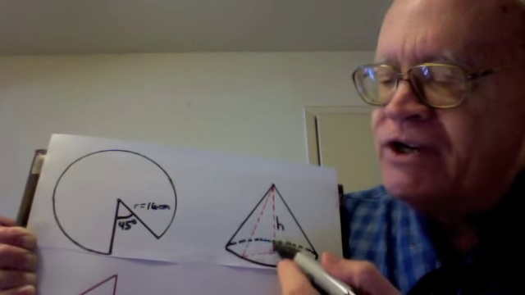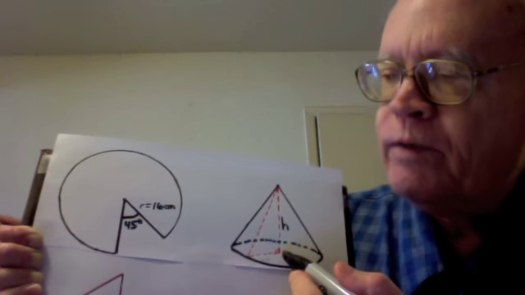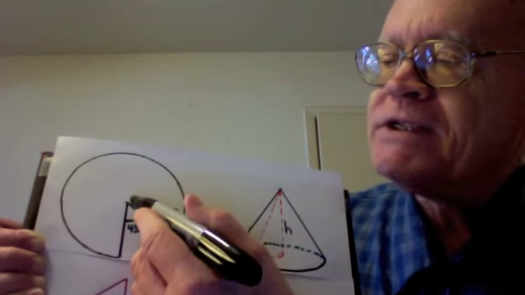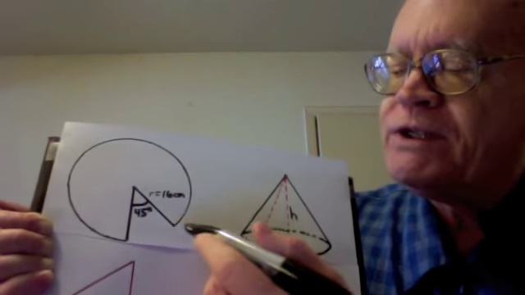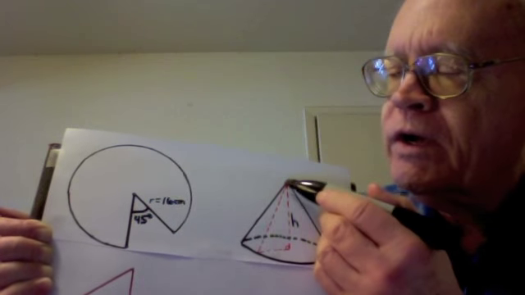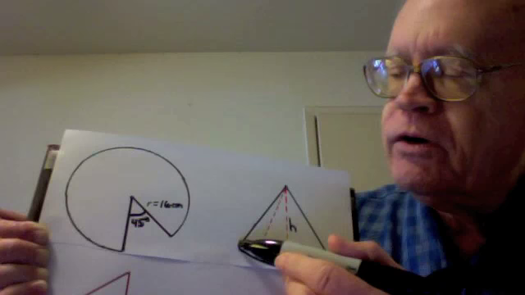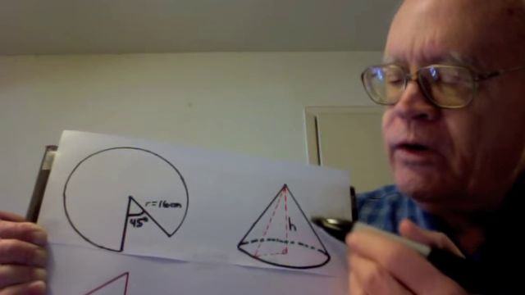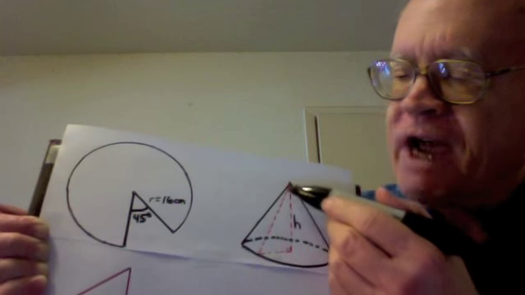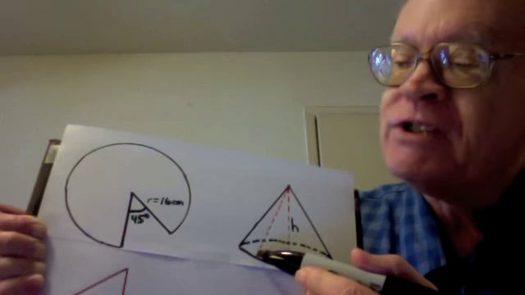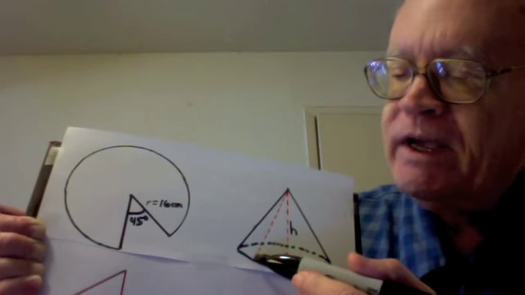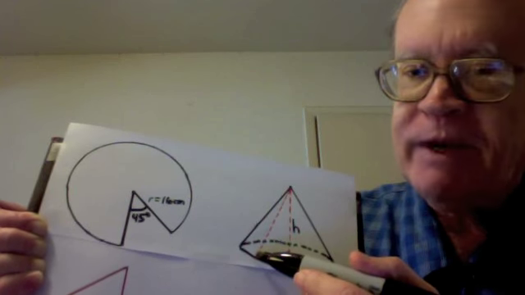I call h the height of the cone. Now this radius over here, 16 centimeters, becomes what is called the slant height of the cone. It can be shown here, or many other places. I show it also by this dotted red segment. So that length is 16 centimeters.